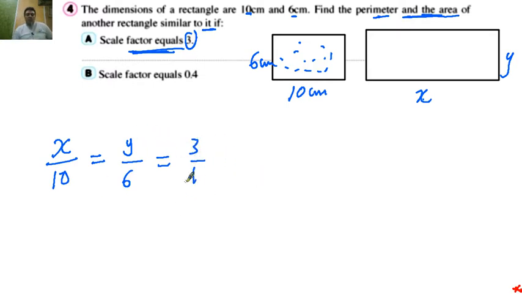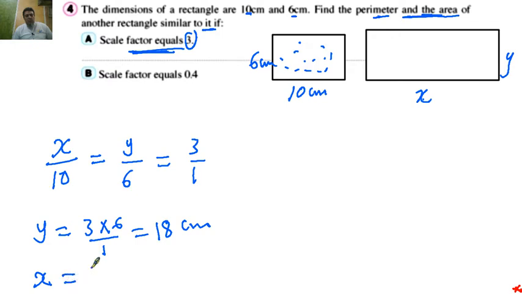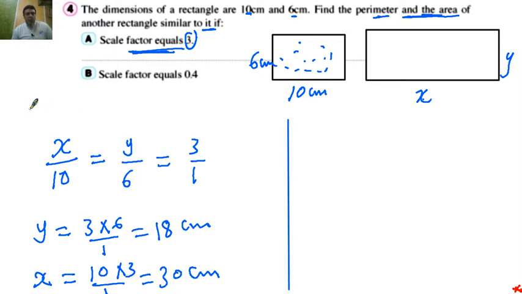By the equality, y equals 3 times 6 over 1 equals 18 centimeters, and x equals 10 times 3 over 1 equals 30 centimeters. Those are the two dimensions, length and width, of the required rectangle. That is number A. Number B.